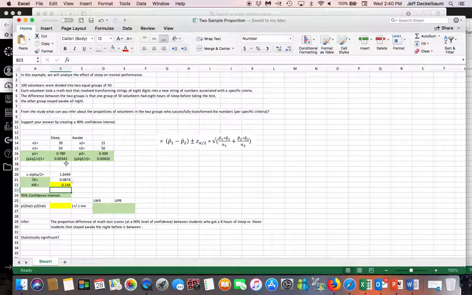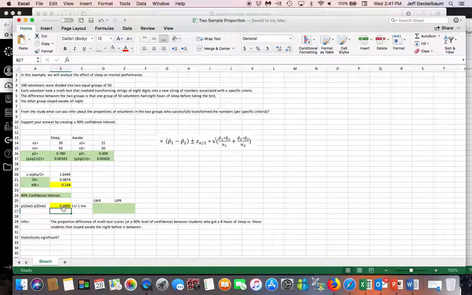So for a 90% confidence interval, first thing we're going to do is get the difference of P1 hat minus P2 hat. That's this term right here, and that's simply going to be 0.78 minus 0.3, and we have a proportion difference of 0.48.